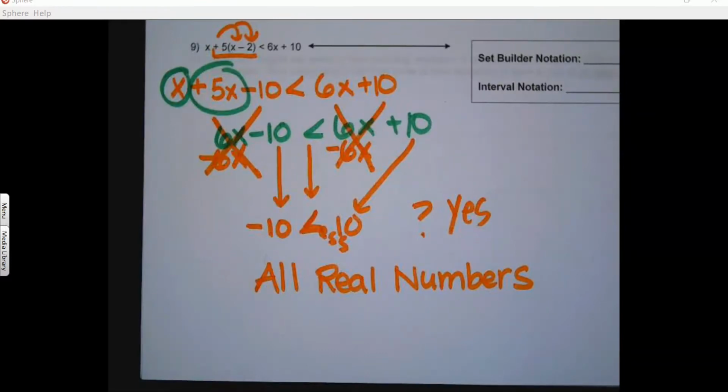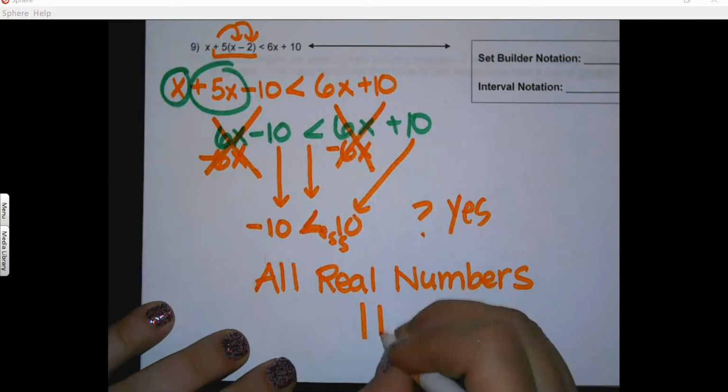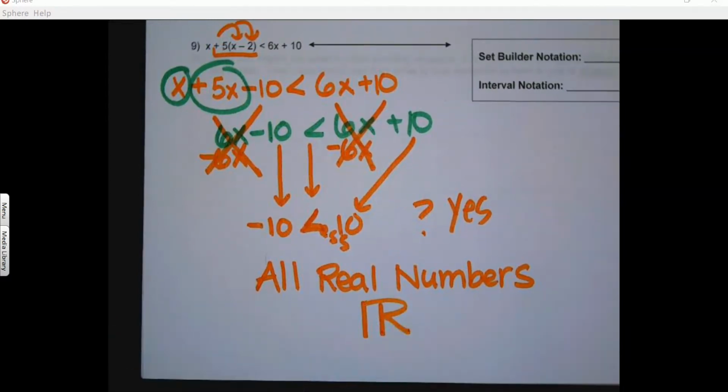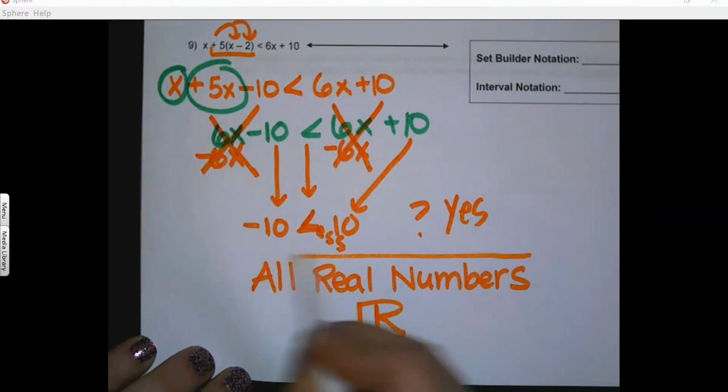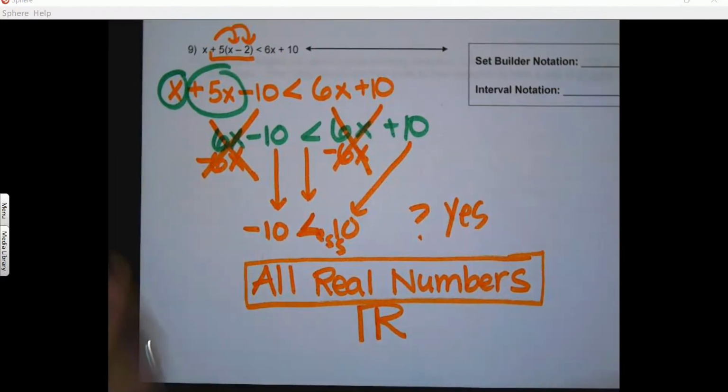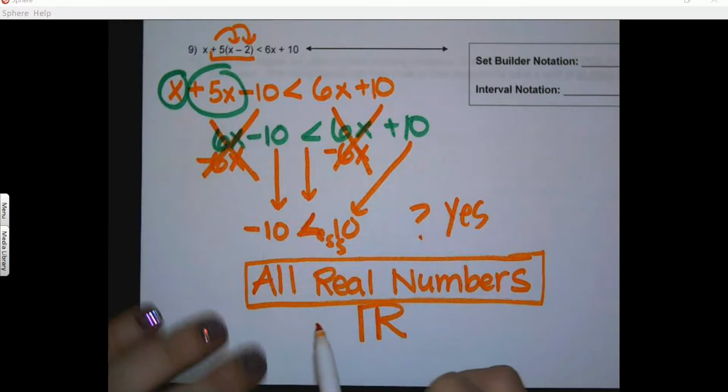Now the symbol for that, your textbook doesn't use until later on in the class, but the symbol for all real numbers is 2 vertical lines with an R like that. That means x can be any number. So this is how you write it in words, and this is the symbol for any number. X can be any number.